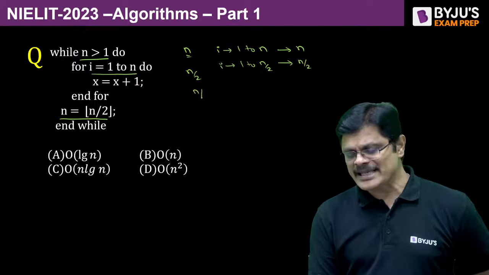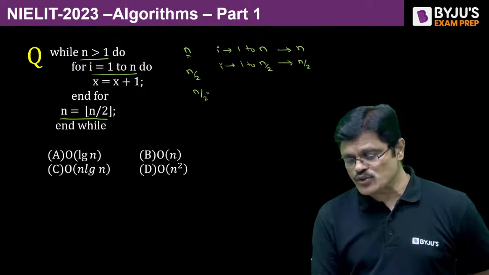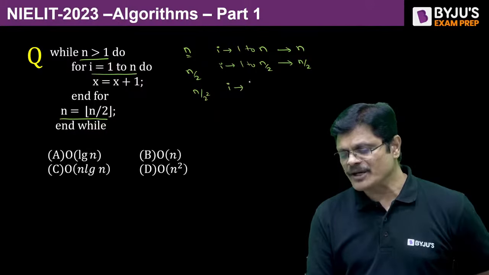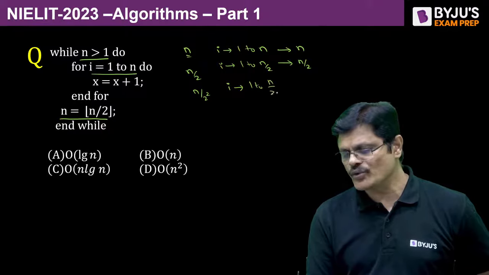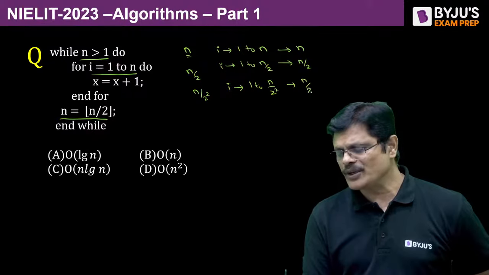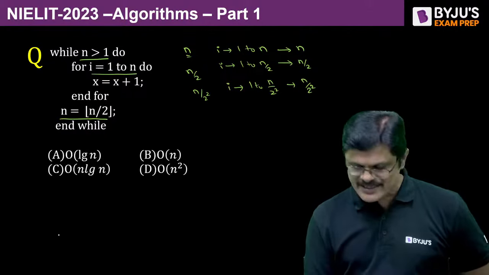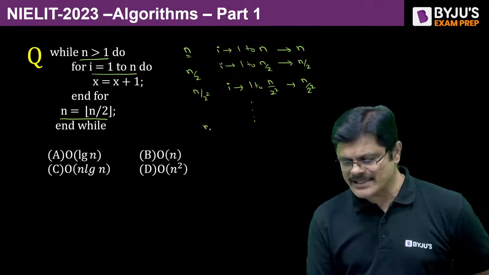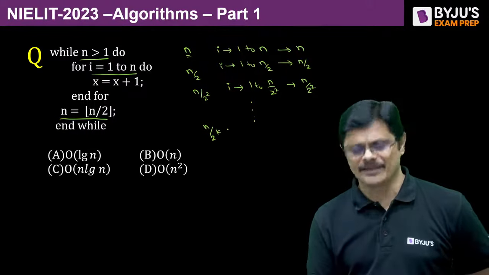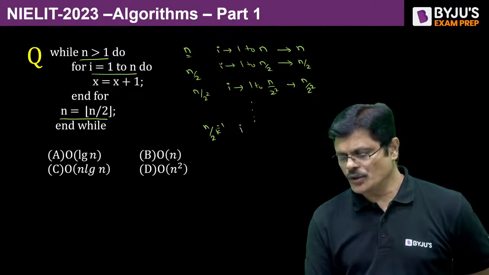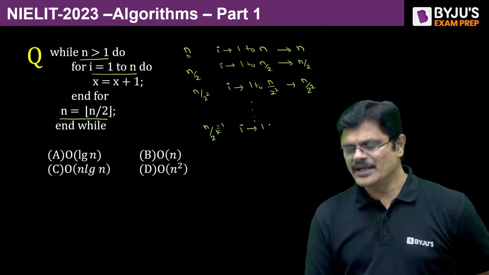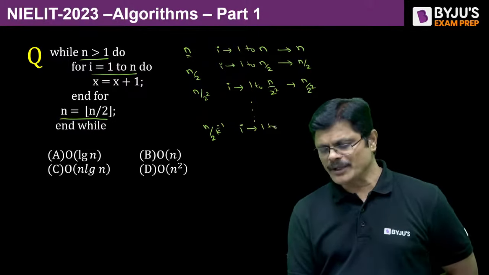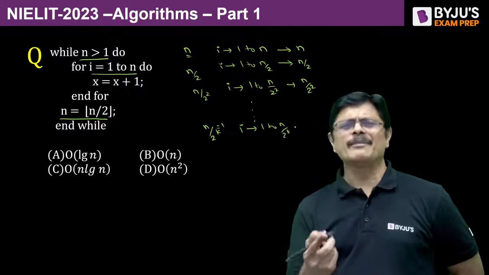So when n is n by 2 by 2, that is n by 2 square, I varies from 1 to n by 2 square. That is n by 2 square times it iterates. How long does it continue, sir? Till this n by 2 power k becomes 1. It iterates from 1 to n by 2 power k, maybe one iteration.